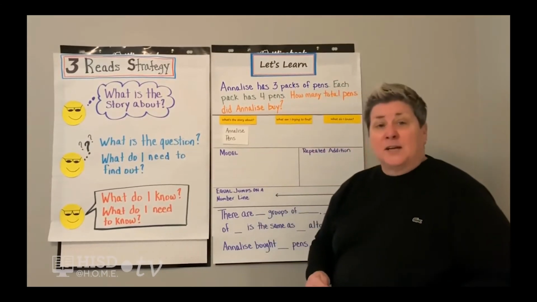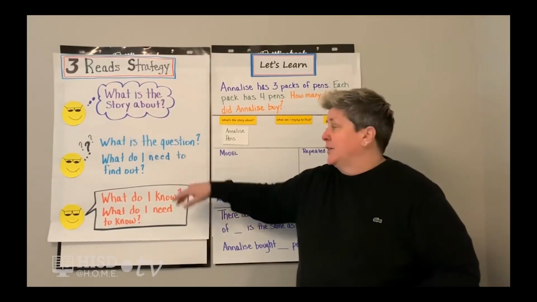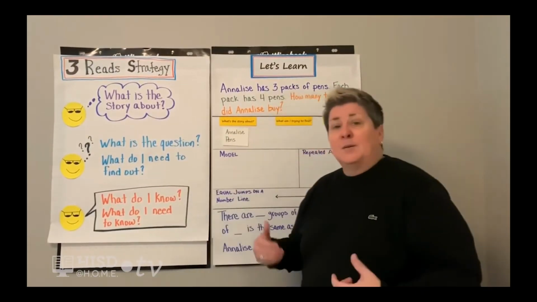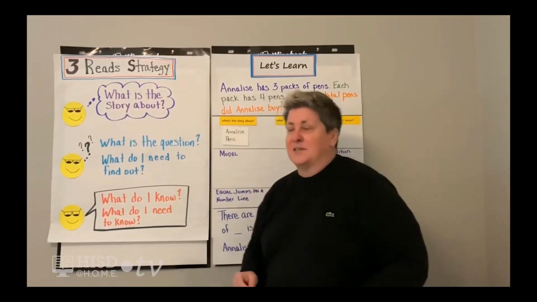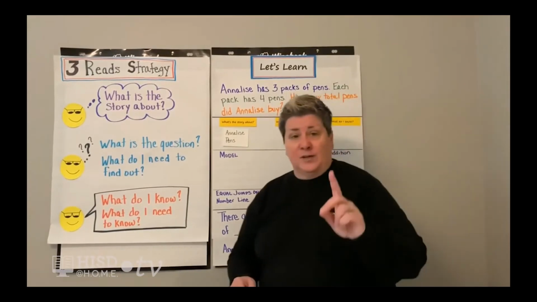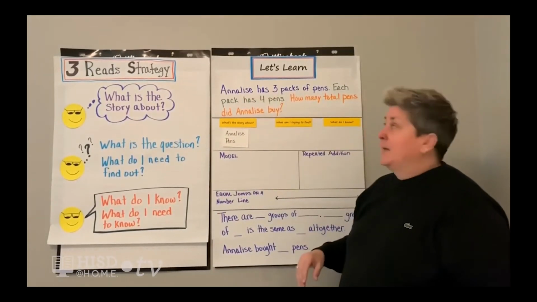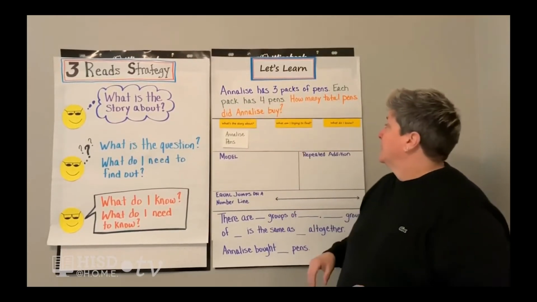Let's read it our second time using our second step in the 3-read strategy, which is, what do we need to find out? That means I probably need to pay attention a little closer to what the question is asking me. So let's go ahead and read it one more time. Annalise has 3 packs of pens. Each pack has 4 pens.